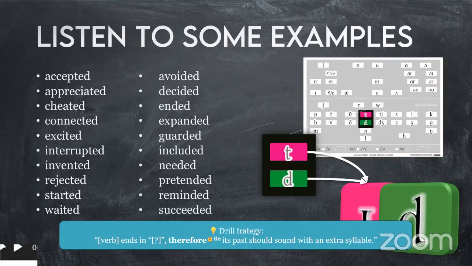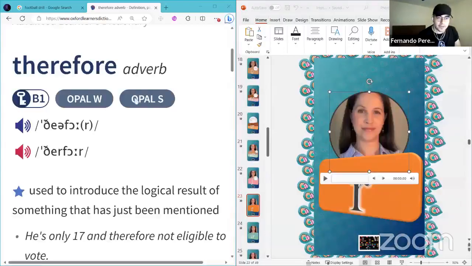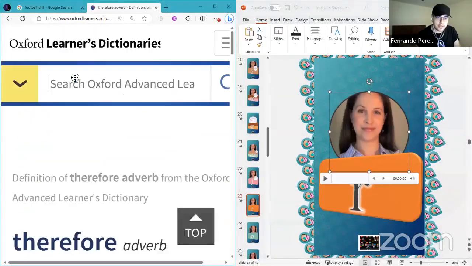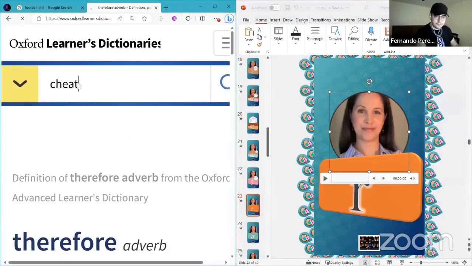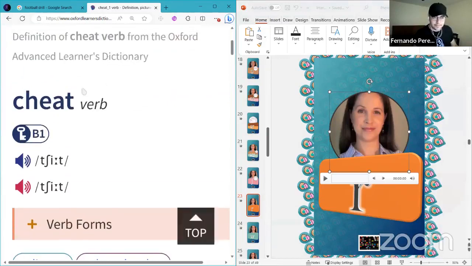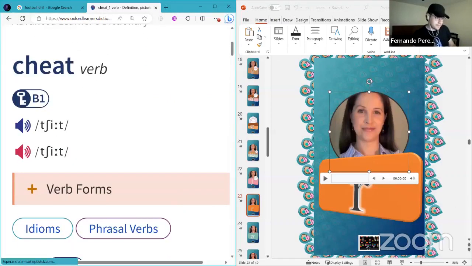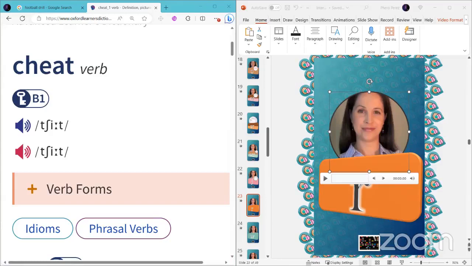The next one: shaded transition. How do you pronounce this? Shade.